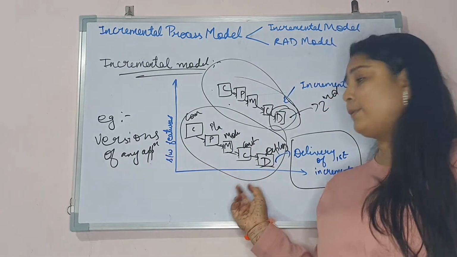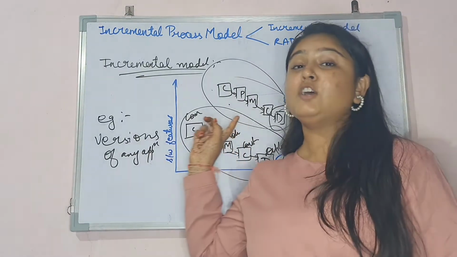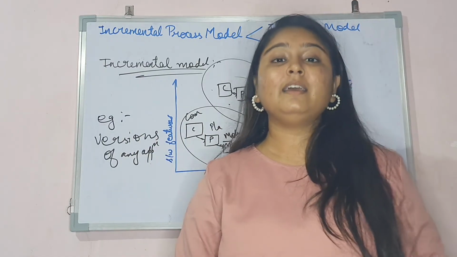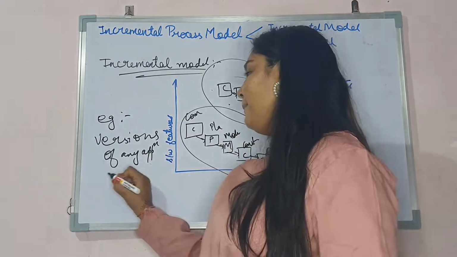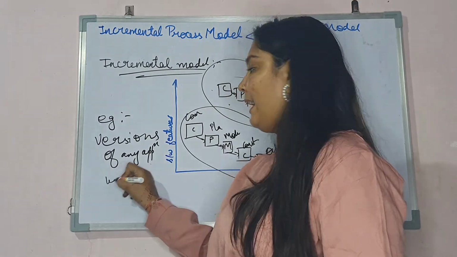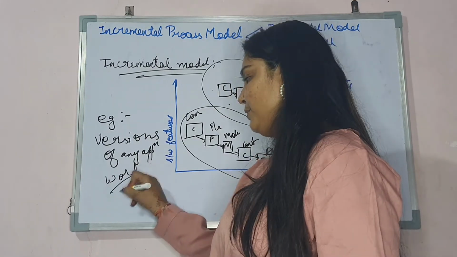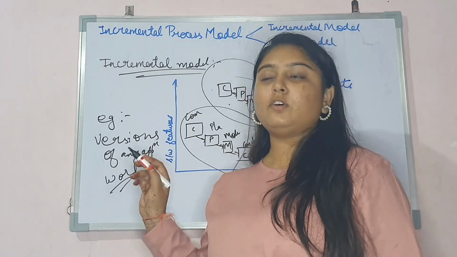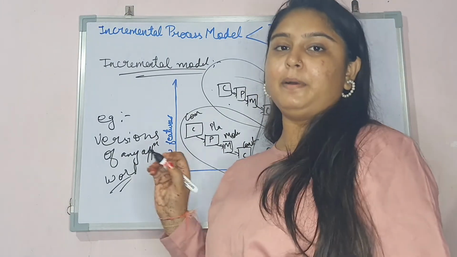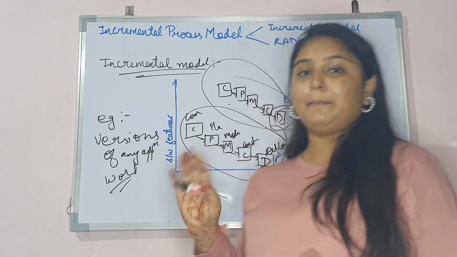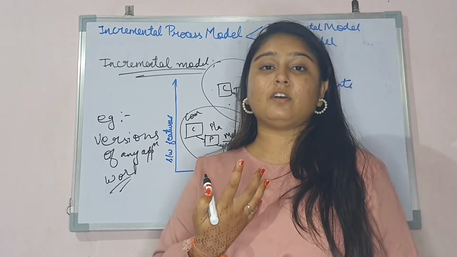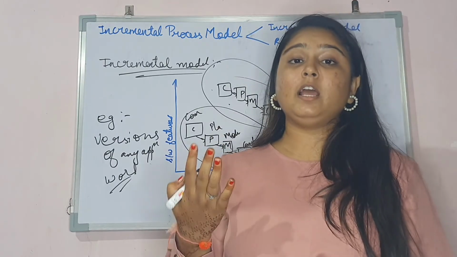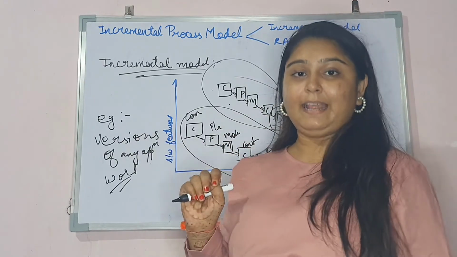It is a sort of sequential model, but it has increments so that it is reusable. For example, take any Word file you use. Suppose my requirement is to get a software wherein I can write something.